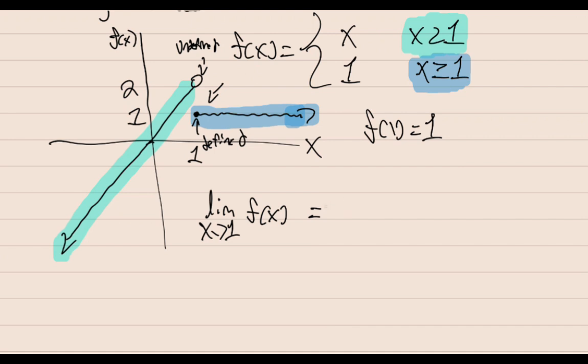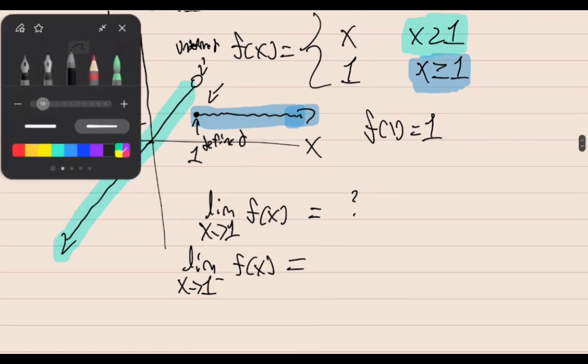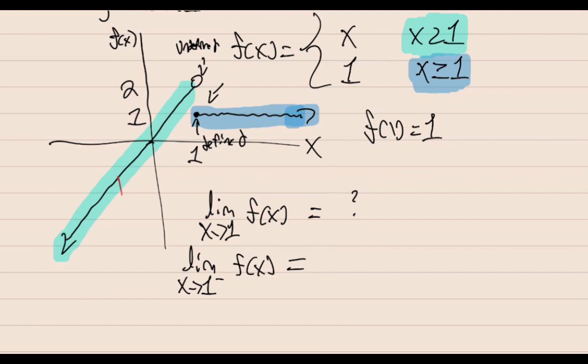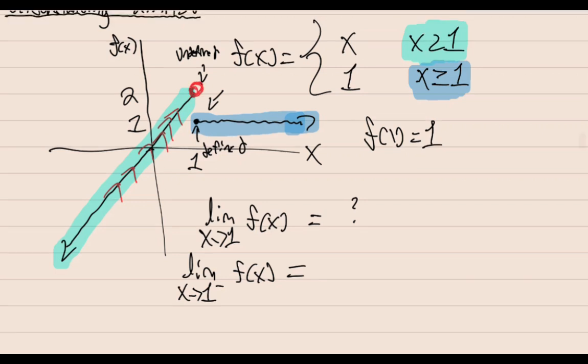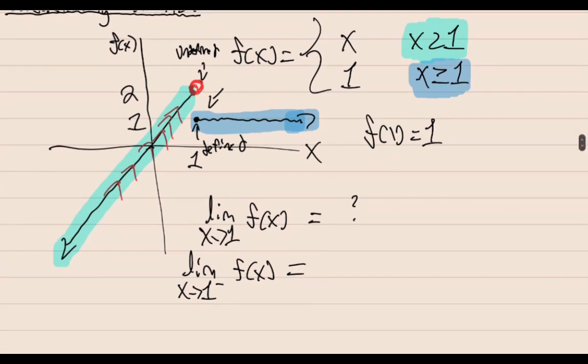First, we take the limit as x goes to 1 from the left of f. When we go from the left side, these values here running all the way up until you hit here, that looks like it's going to approach 2. So we can say that the limit from the left is 2.